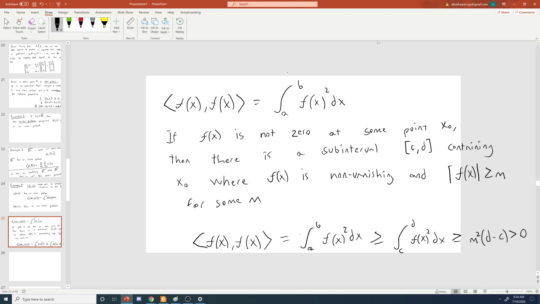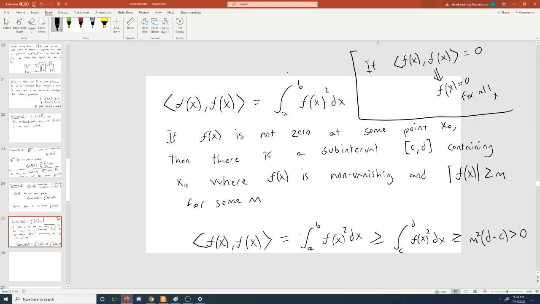So, consequently, if this quantity right here is equal to 0, then this implies, in fact, that f of x has to be equal to 0 for all x in the closed interval a to b.